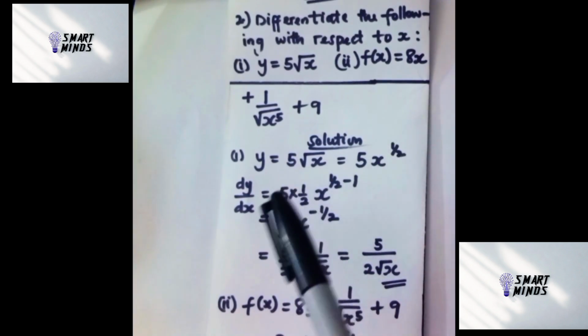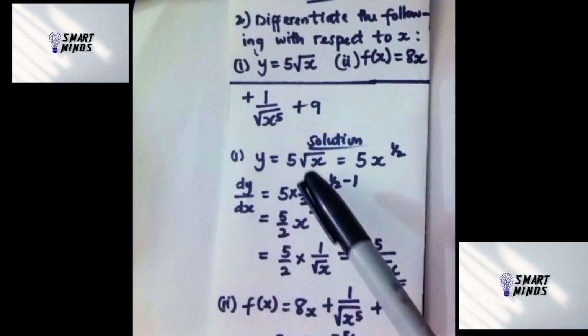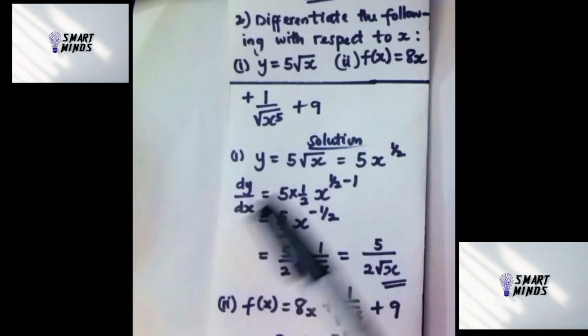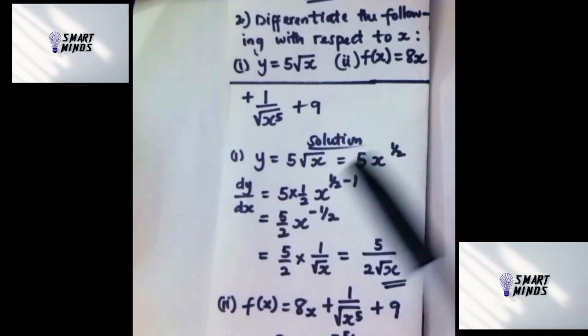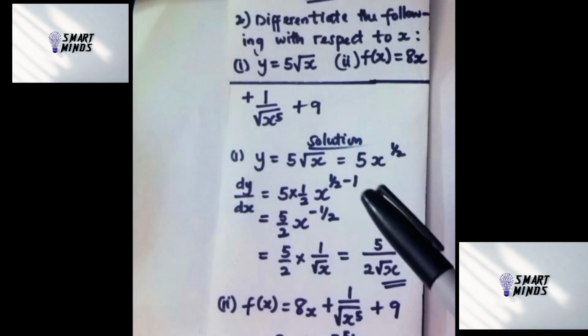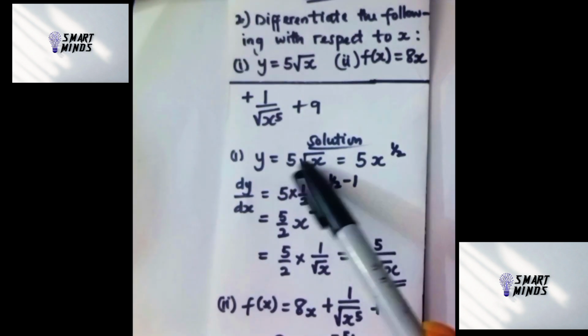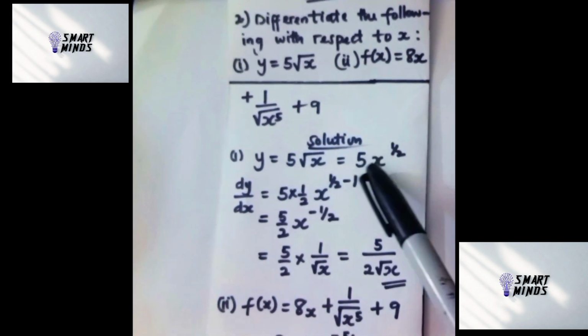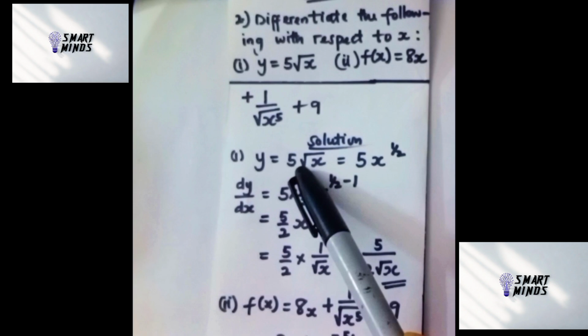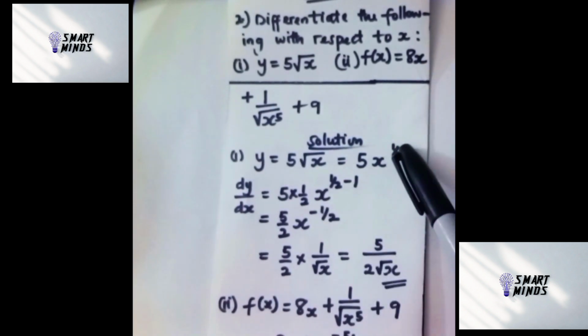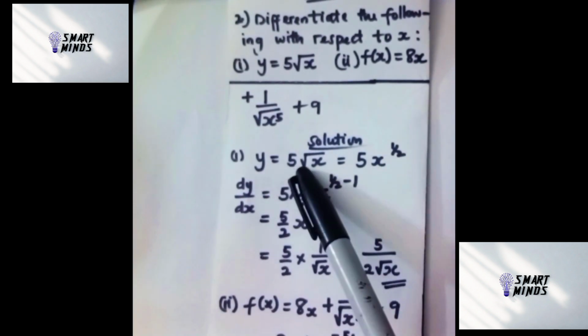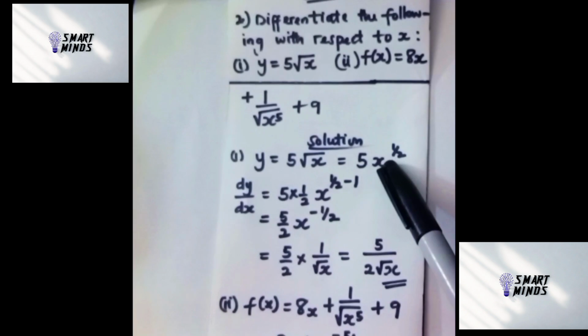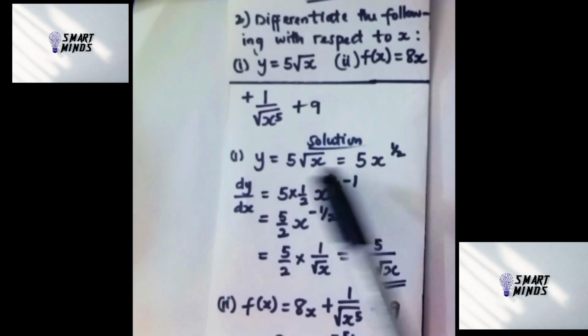Remember, from the law of indices or surds, whenever we have roots and a radical, you can write it as powers, depending on what the root is. So here we have square roots, so that becomes power of 1 over 2. Assuming we have cube roots, that will become power of 1 over 3. If we have fourth roots, that will become power of 1 over 4, and so on and so forth.